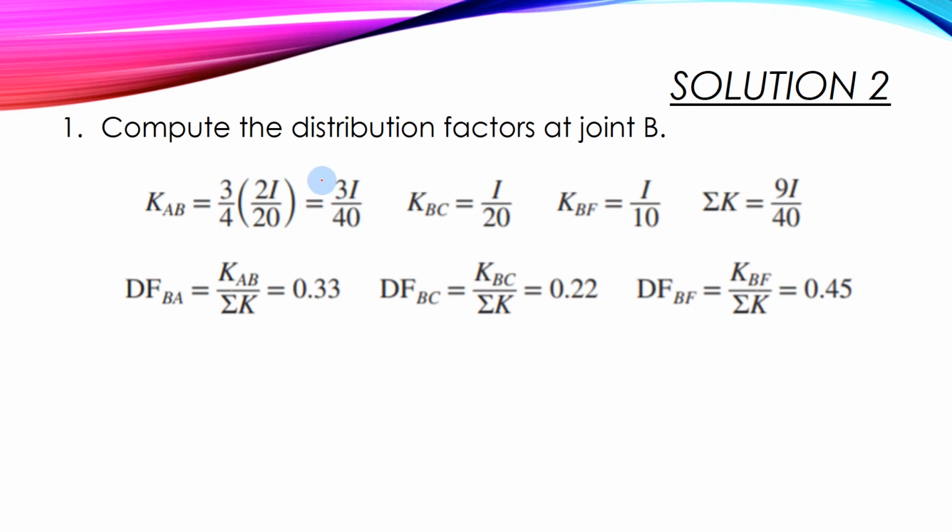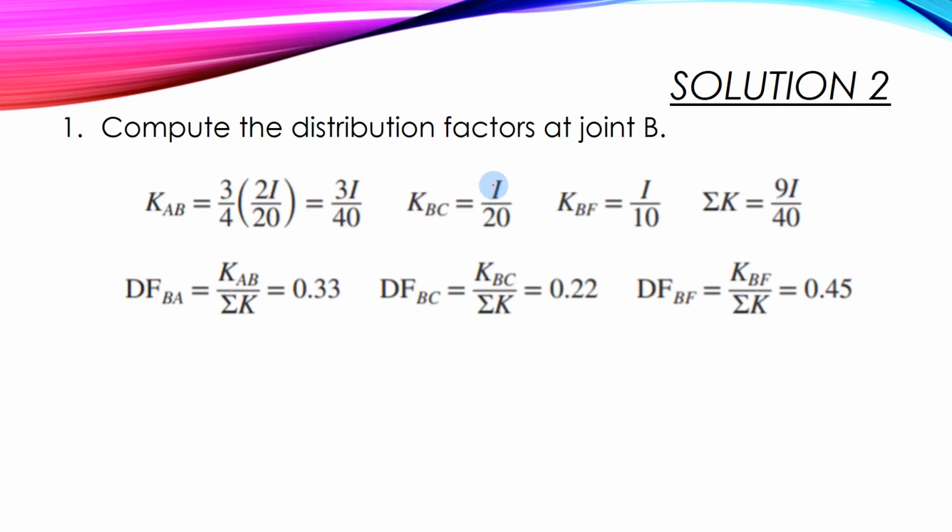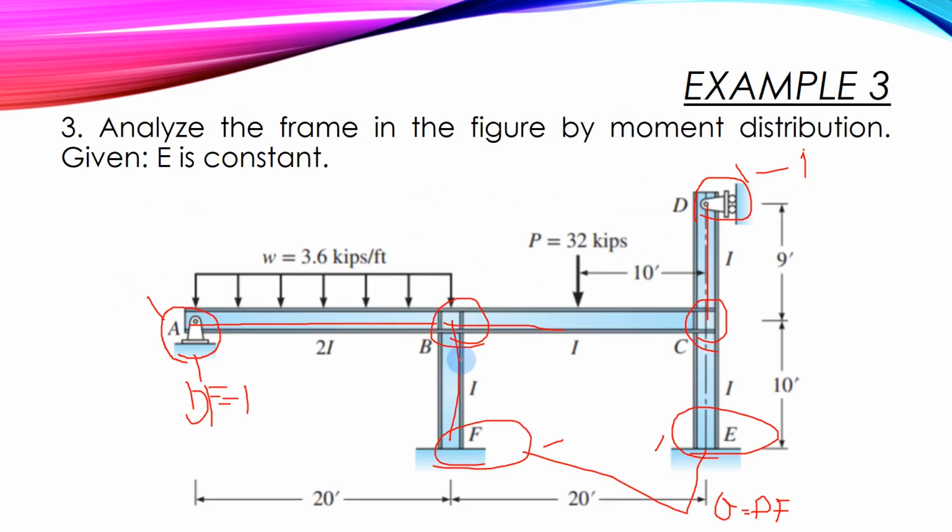In order for us to compute the distribution factors at B, we have to get the stiffnesses of AB, BF, and BC. For AB, we have the modification factor of 3 over 4, times 2I over the length 20, so we have 3I over 40. For BC, I over 20. Then BF is I over 10. That is with respect to the length.